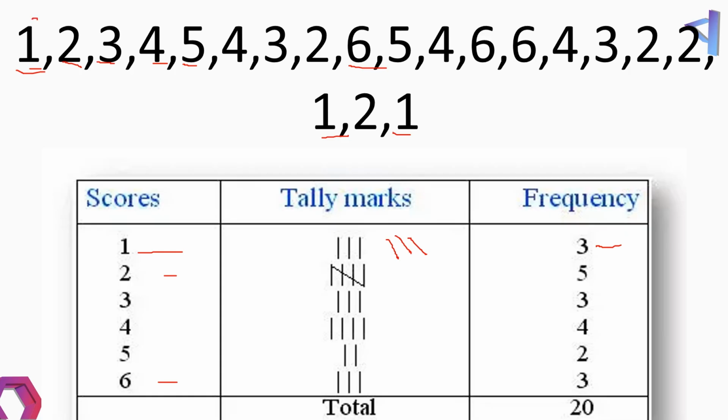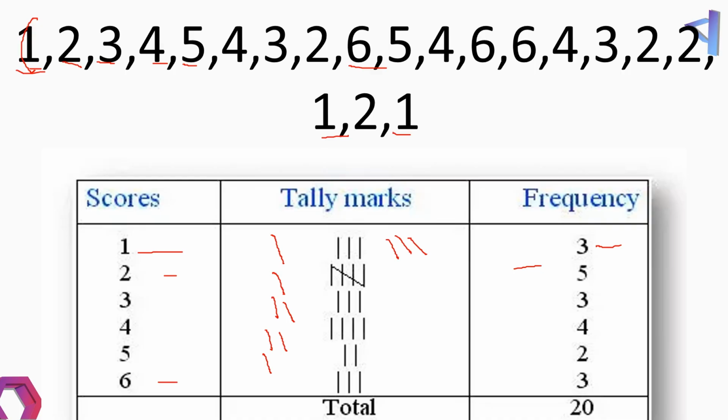Simply check the first observation, which is 1, and make 1 line here. The second observation is 2, 1 line here. The third observation is 3, it is 1 line here. And this 4 is here, 1. 5, 1 line here. And this 4 again, so here it's 3, 1 here, and so on. The first tally mark gets ready, and from that tally mark, we can write the frequencies.